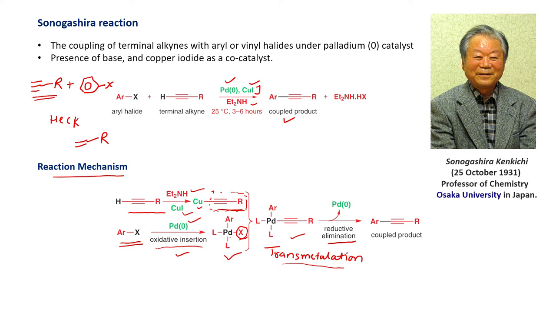So you will get your transmetallation product. And finally there is reductive elimination. In reductive elimination, your palladium ligand will come out and the coupling product will be formed, plus you will get your active state of palladium catalyst which is palladium 0 state.